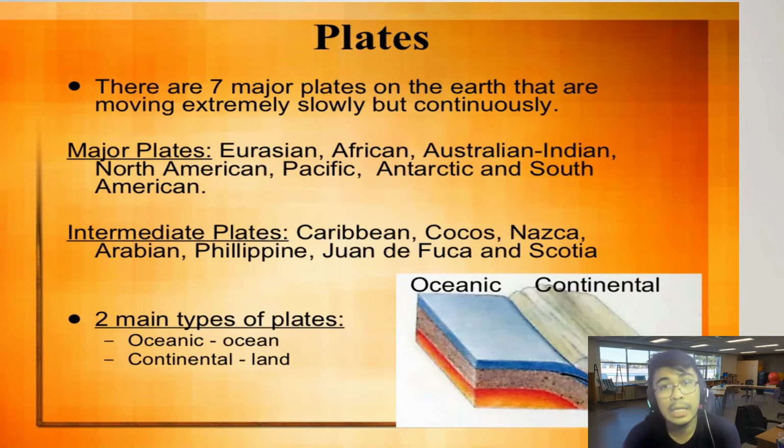Okay, examples of microplates or intermediate plates are Caribbean, Cocos, Nazca, Arabian, the Philippine plate, Juan de Fuca, and Scotia. These are a few examples of this kind of plates. And as mentioned in your previous module, there are 2 main types of plates, oceanic and continental. I hope these things are clear to you.